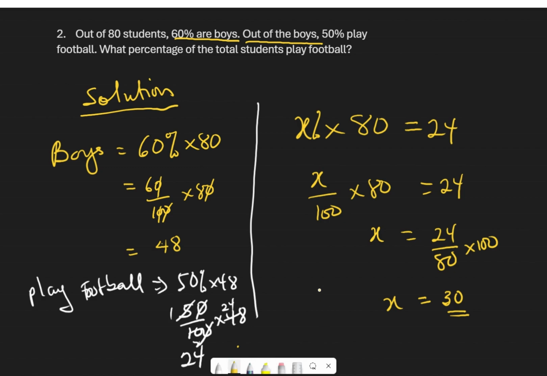I got X to be 30. What did you get? Don't be confused about this. I expect you to be able to do it by now.